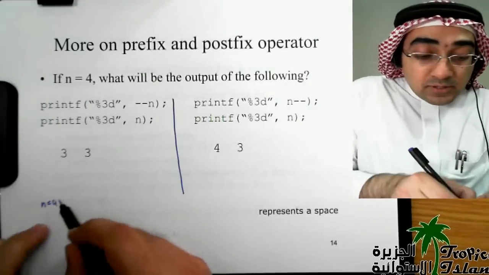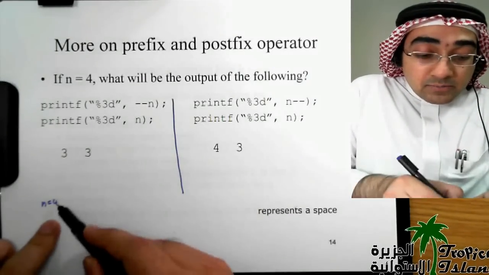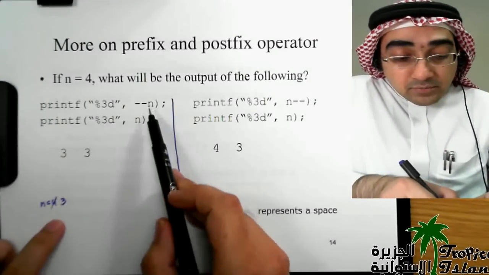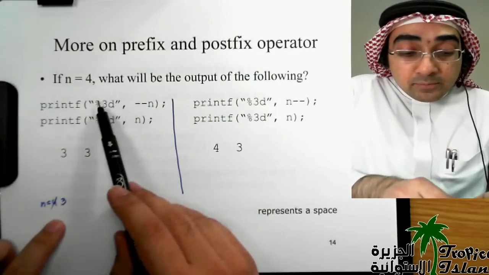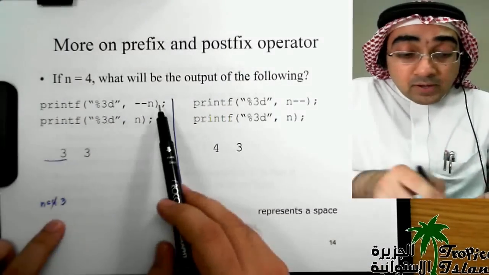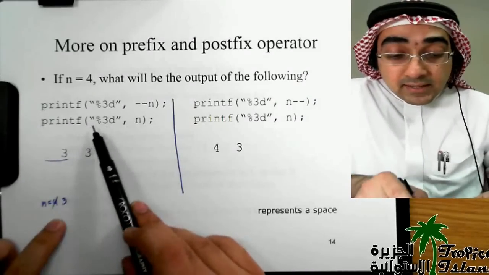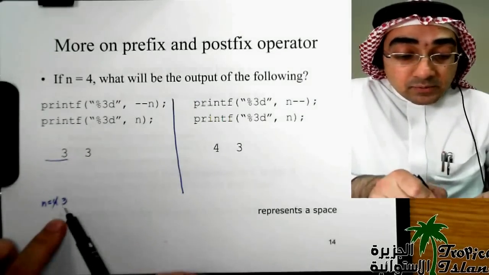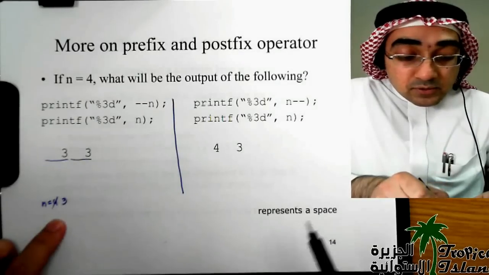So 4 will become 3, and then I'm going to print the 3 using a 3d. Okay, so this is the first line. And on the second line, there's a printf 3d, and I'm going to print the value of n. The value of n is 3, so I'm going to print this for you.